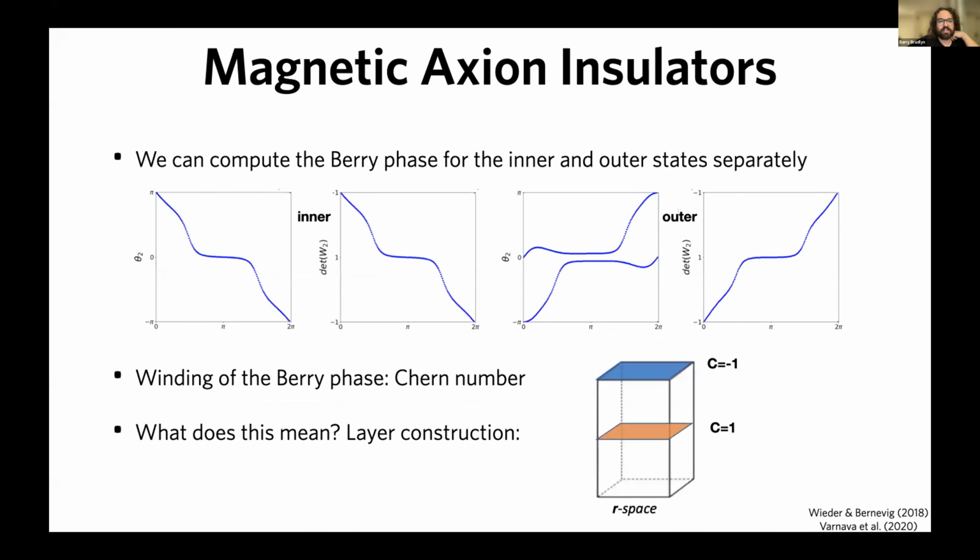And for these functions localized near z equals 0, I can compute their Chern number. And what I find is that they have Chern number plus 1. And for the block functions localized near z equals a over 2, I can compute their Chern number, and they have Chern number minus 1.